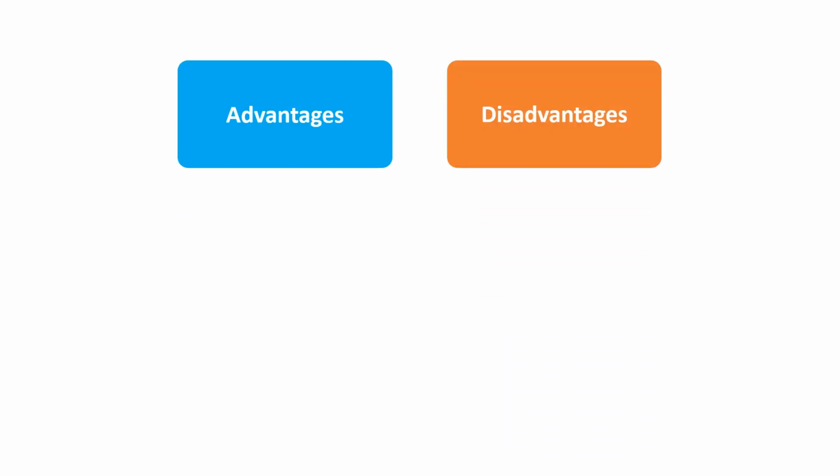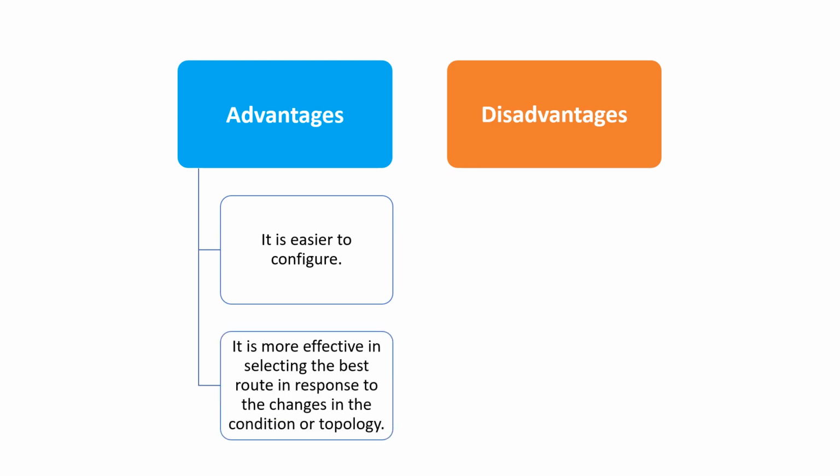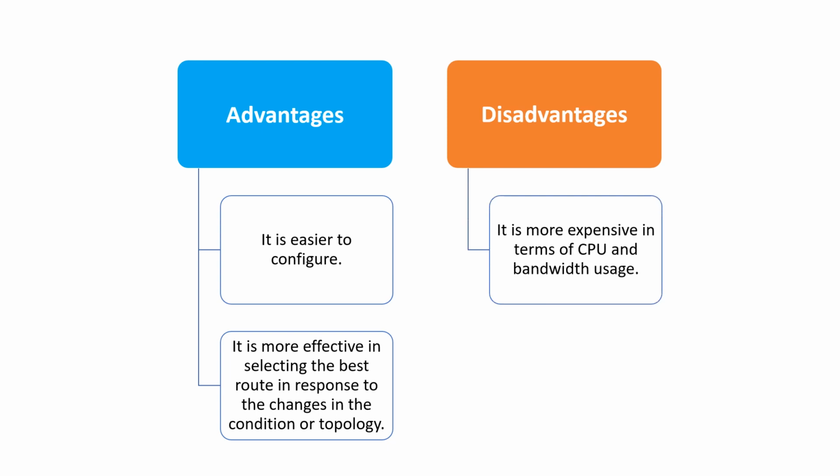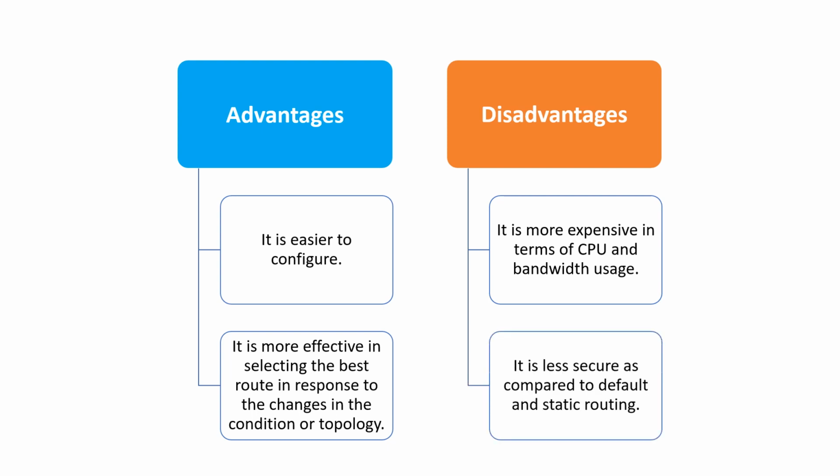Coming to the advantages and disadvantages of adaptive routing, it is easier to configure, and it is more effective in selecting the best route in response to changes in the condition or topology. Coming to the disadvantages, it is more expensive in terms of CPU and bandwidth usage, and it is less secure as compared to default and static routing.